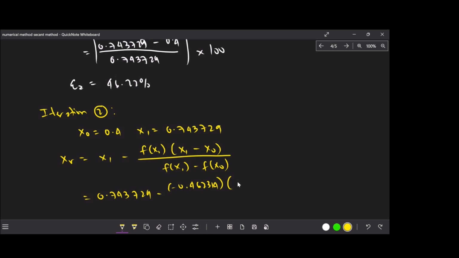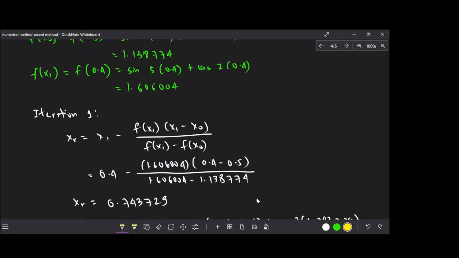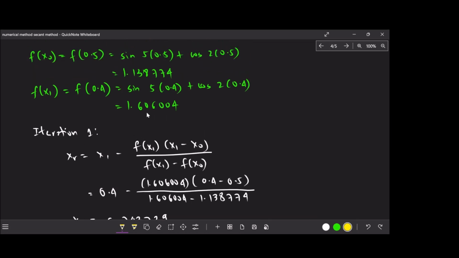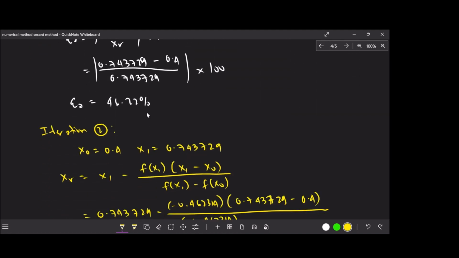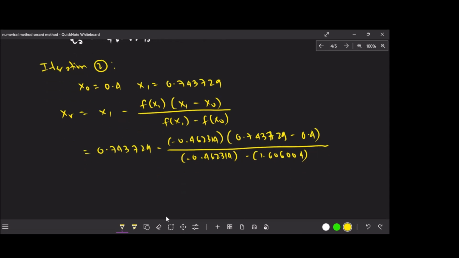I multiply this one by 0.743729 minus 0.4, all over negative 0.462314 minus our f of x0, 0.4, so that is equal to this one, 1.606004. Okay, so solving now for our new xr.